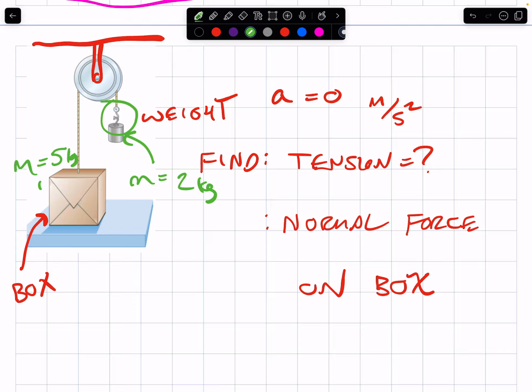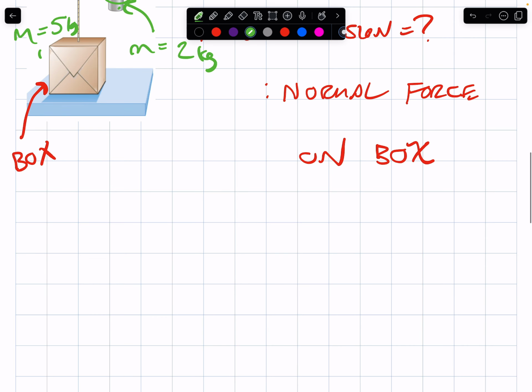And the tension in a rope is everywhere the same for these problems that we're doing now. They're light ropes. So if I want to find the tension here, I'm going to draw a free body diagram of the weight that's hanging on the end of this rope. So here's this one. There's the rope acting, and that's a force upward.